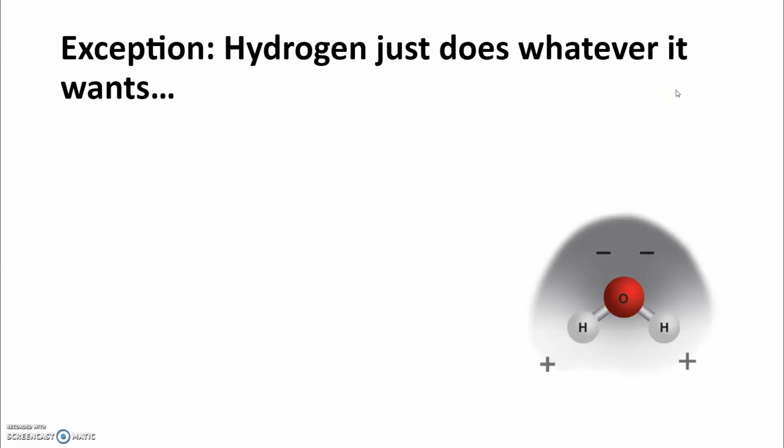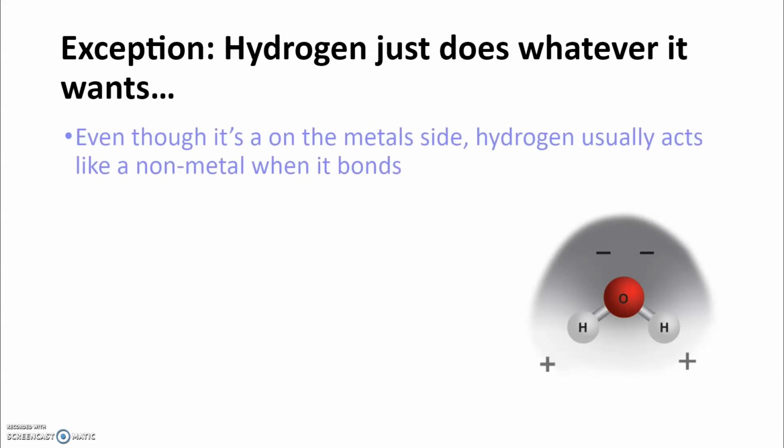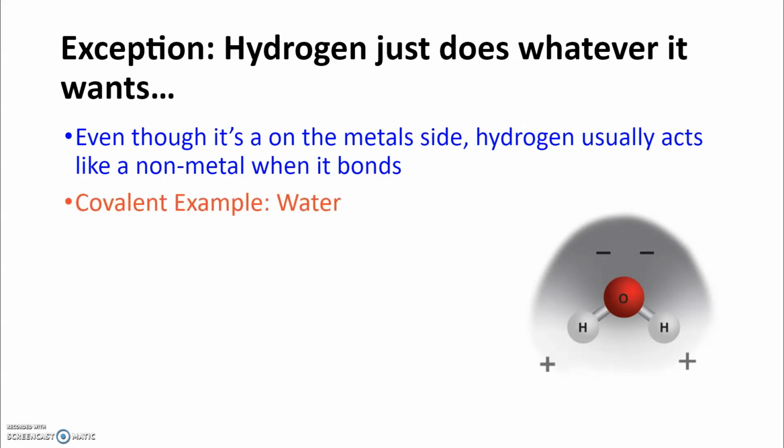Hydrogen is a notable exception to this because it just does whatever it wants. Even though it's on the metal side of the periodic table, because it only has one valence electron, hydrogen usually acts like a nonmetal when it bonds. Water is a great example of that. Hydrogen bonded to an oxygen makes a covalent bond, and that bond is also polar.